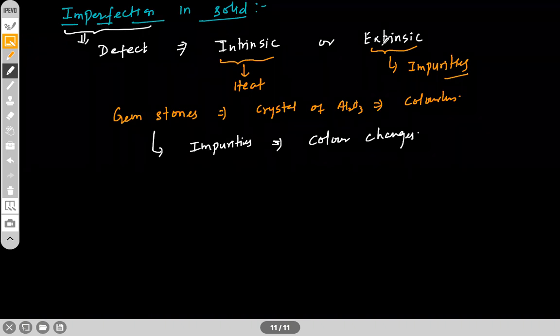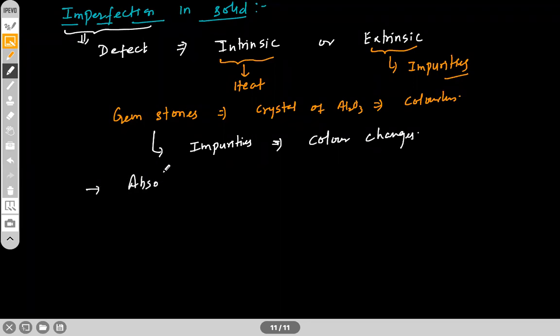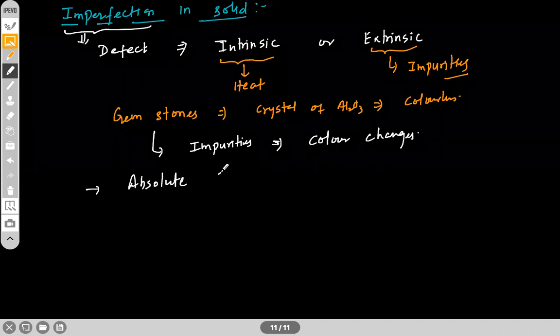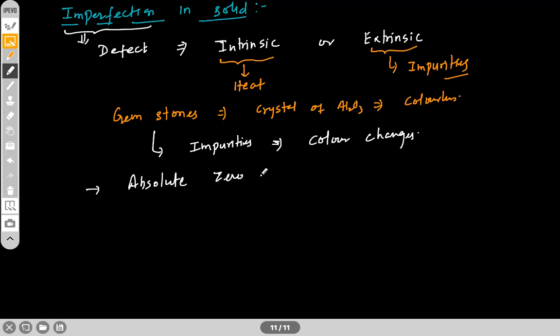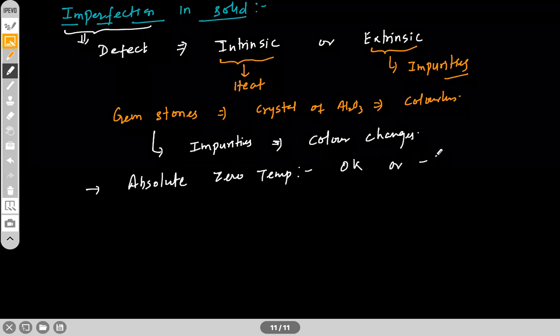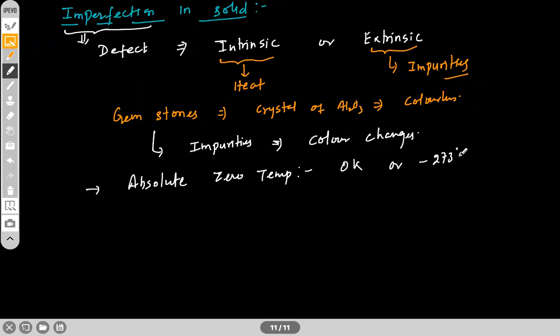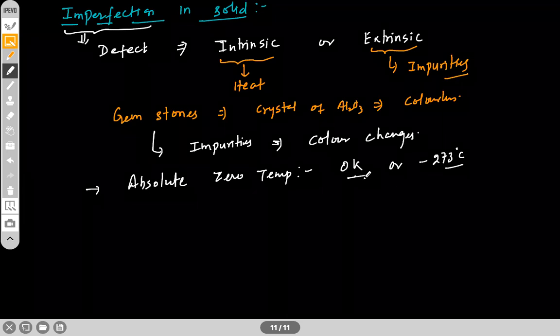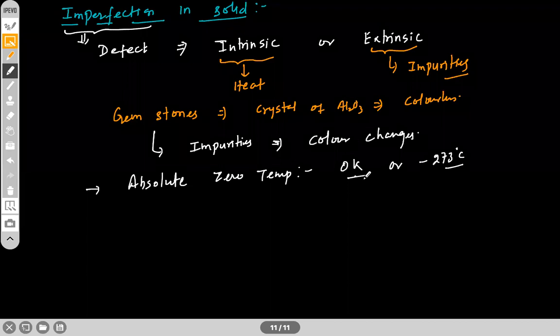right? Perfect. Absolute zero temperature is defined as 0 Kelvin or minus 273 degrees Celsius. See, when the temperature is this low, extremely low, then the movement of atoms or electrons freezes.